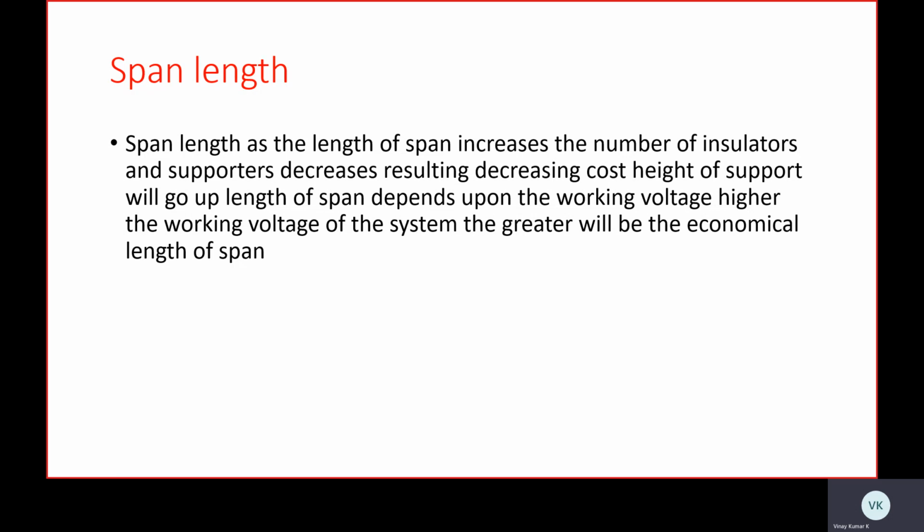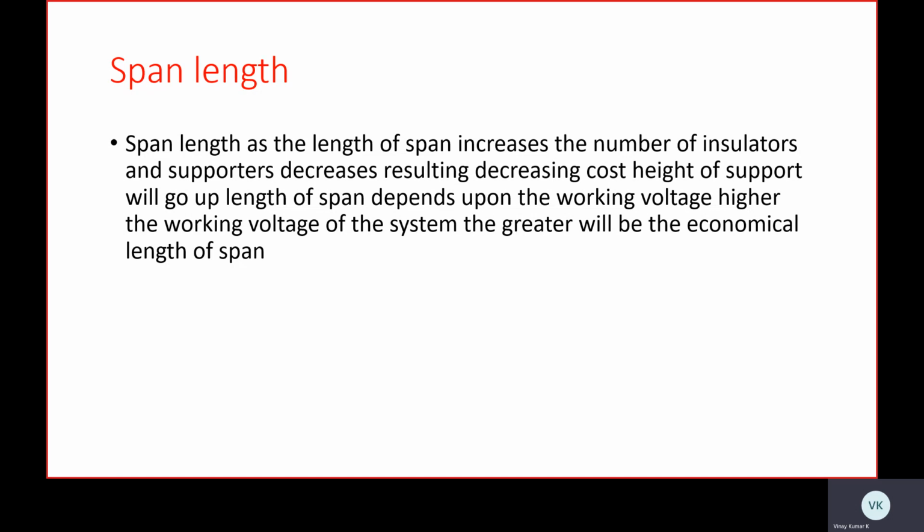The length of span depends upon the working voltage. The higher the working voltage of the system, the more the economical length of the span also increases. That is what we understood from here about the span length.